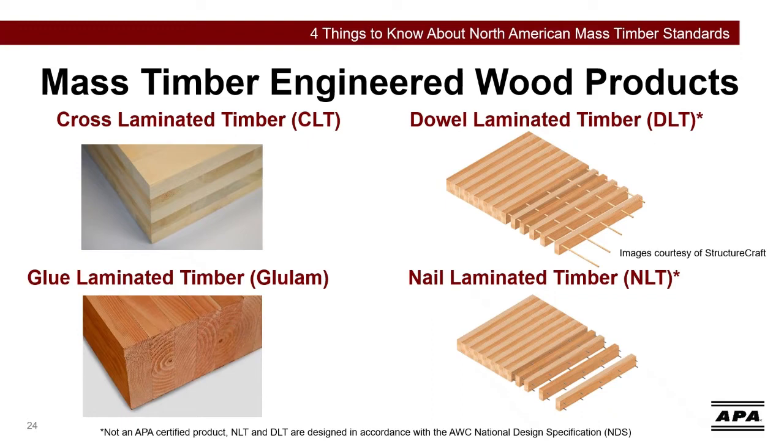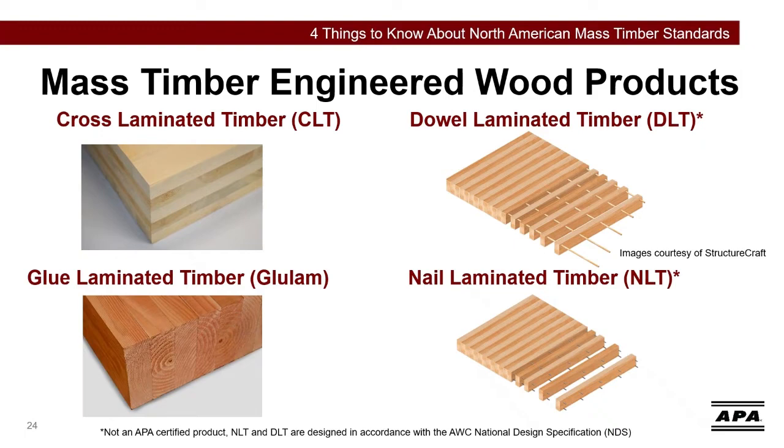Mass timber is a broad term that addresses construction that utilizes products that come in many forms, which does include cross-laminated timber, but also includes other newer products, as well as Glulam beams. You can also include Glulam decking and traditional post and beam framing.